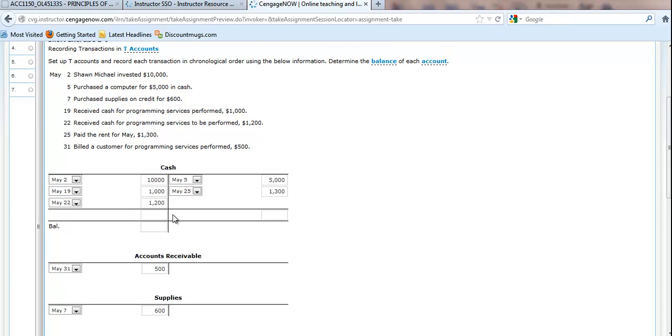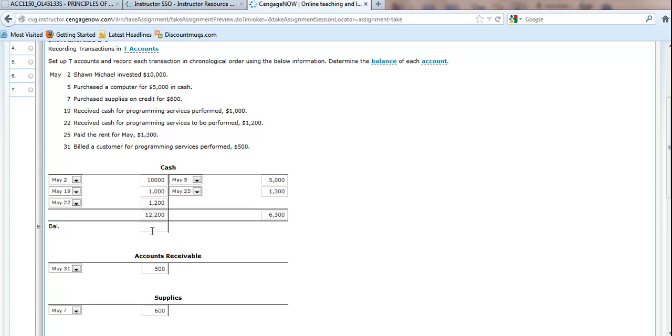So if I add up my total debits, I have $10,000 plus $1,000 plus $1,200, so I have $12,200. That's my footing for the debits of my cash. Then on my credits, if I add those up, I have $6,300. So $12,200 minus $6,300, the difference is going to give me my balance.